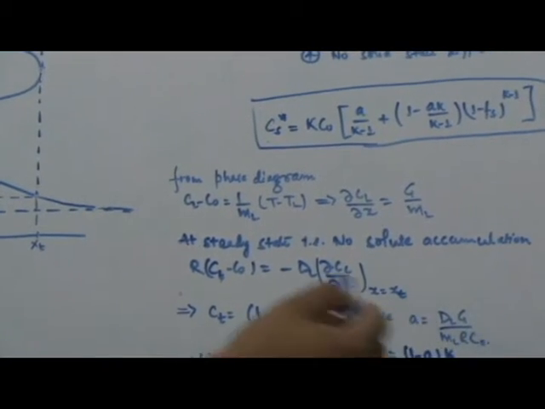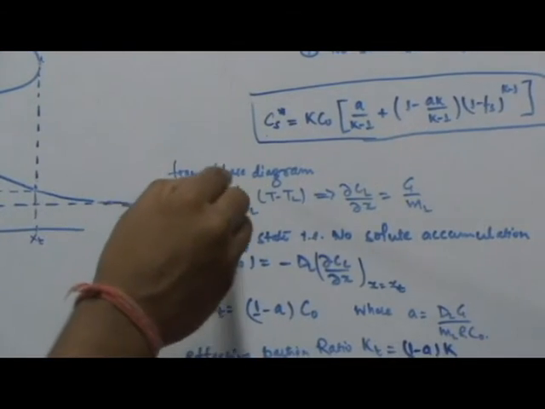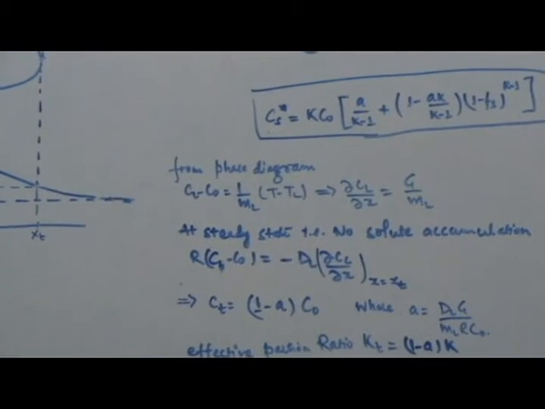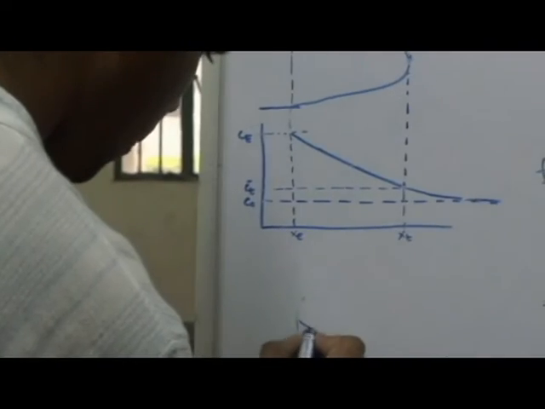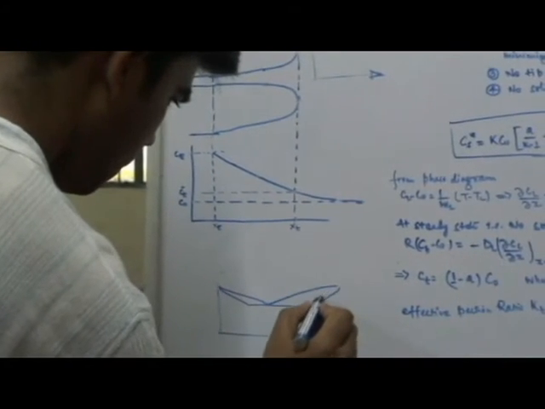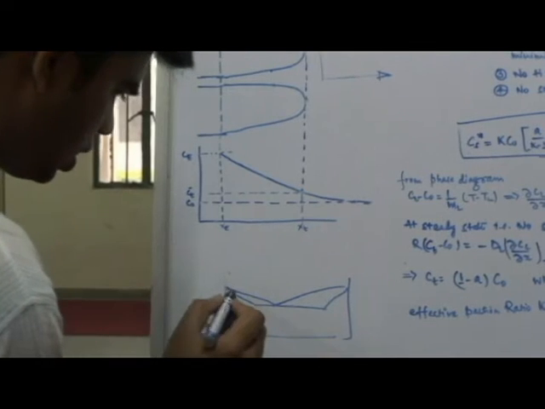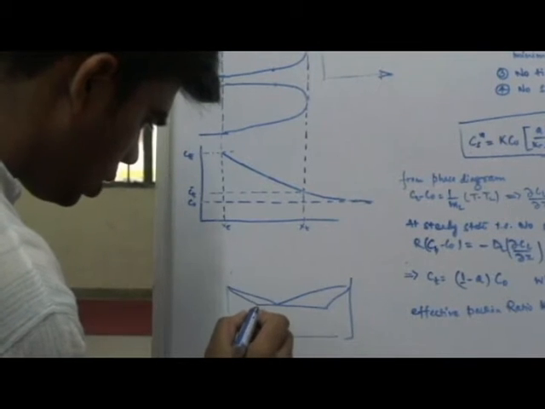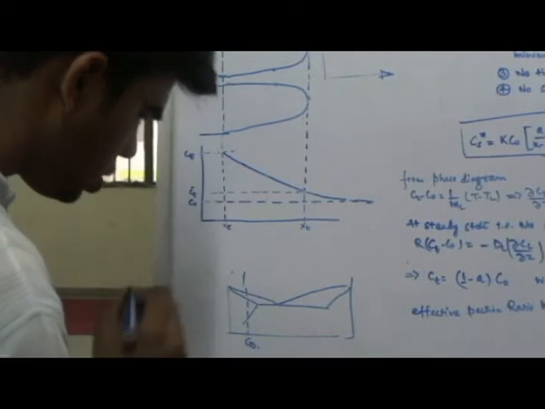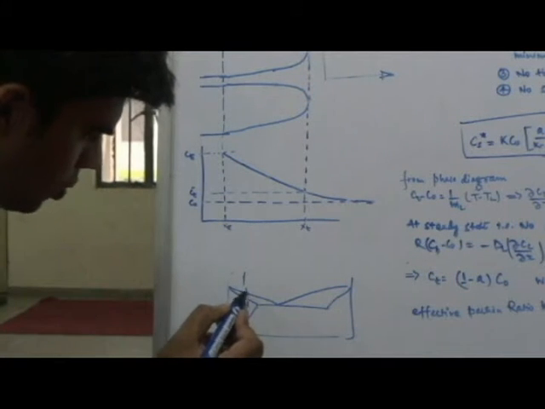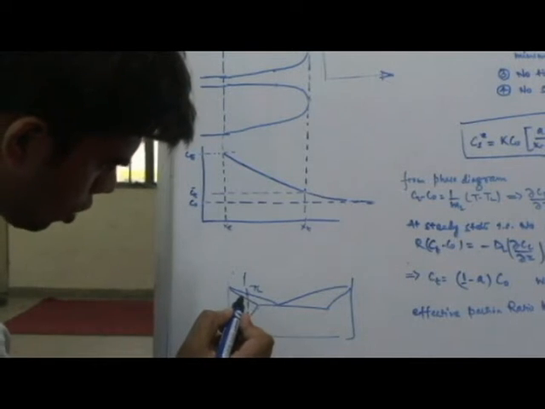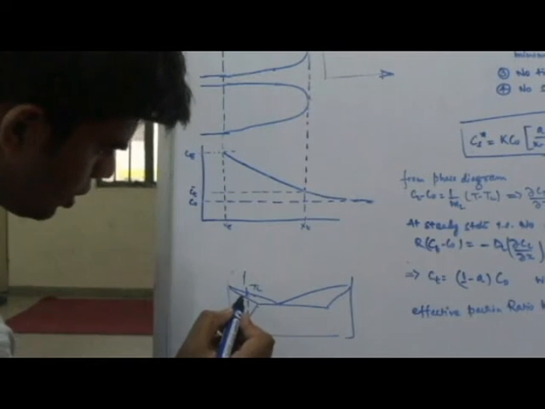In order to get this, we first obtain a relation from the phase diagram. This is how the phase diagram looks. Let's say we start with a concentration C naught. This temperature is TL, and as we go down, we encounter solids with different concentrations.